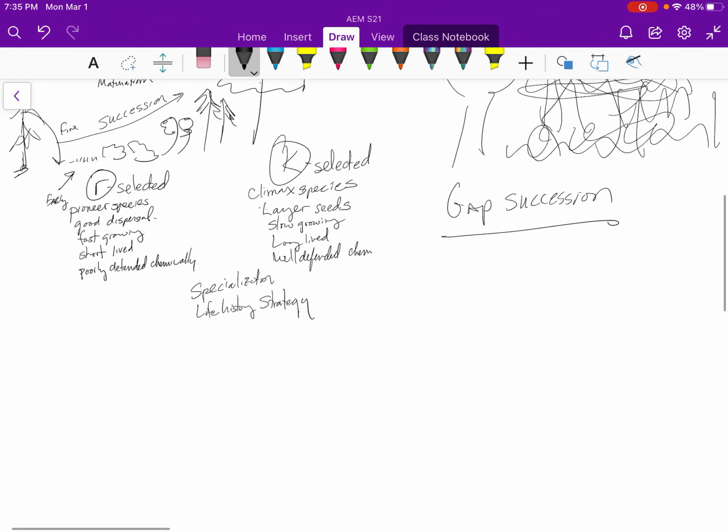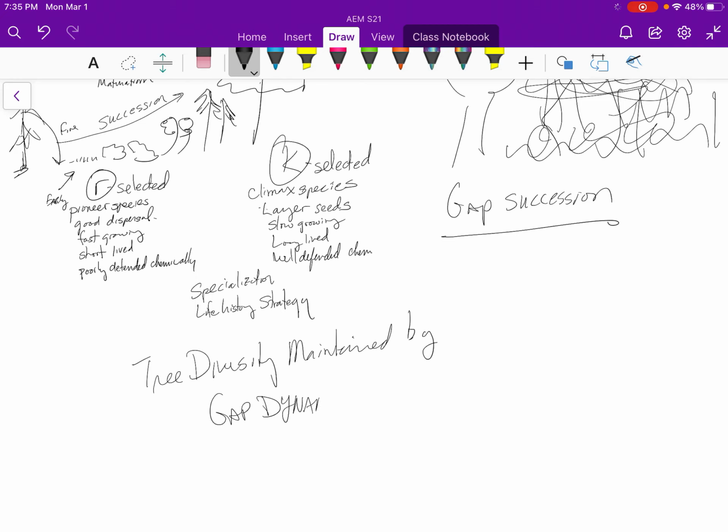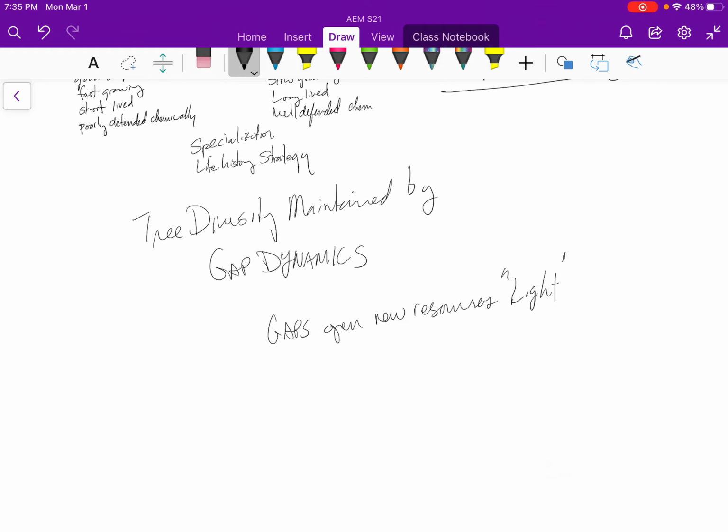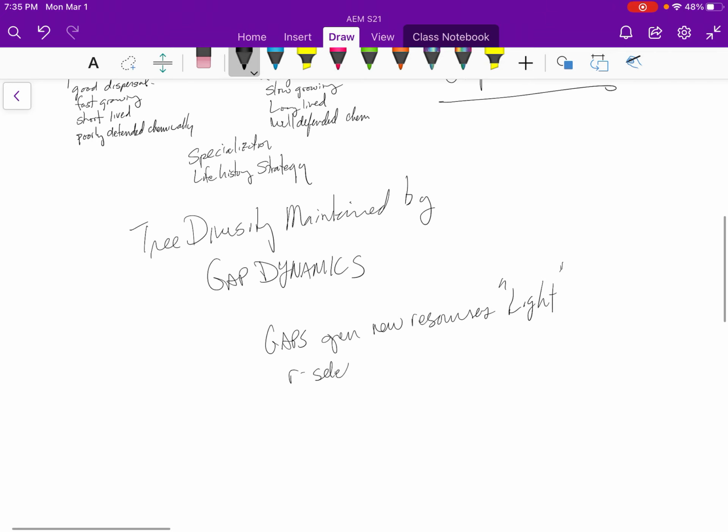And the hypothesis that has reigned supreme for a number of years is that tropical forest tree diversity is maintained by what we call gap dynamics. And that means that when gaps are formed, gaps open new resources of light, right? And that means that R-selected species exist there.